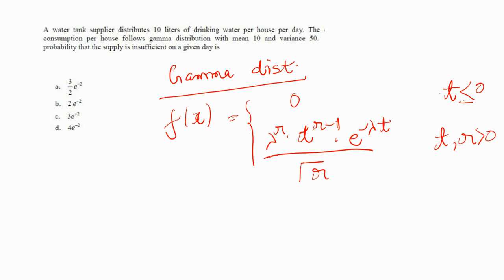So this is gamma distribution. The mean of gamma distribution is given by mu, r upon lambda, and variance is given by r upon lambda squared.